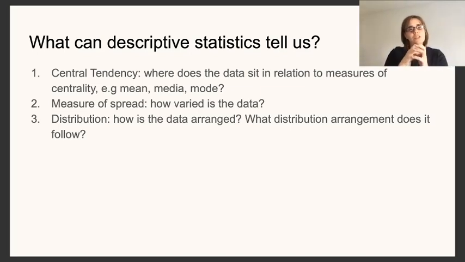Is it all clustered around one point, or do we have outliers either side? And then they can tell us how that data is arranged and what distribution it follows. We call that a normal distribution where it's symmetrical around the average, or is it skewed towards one or other end of the scale? So we'll go through each of these in turn.